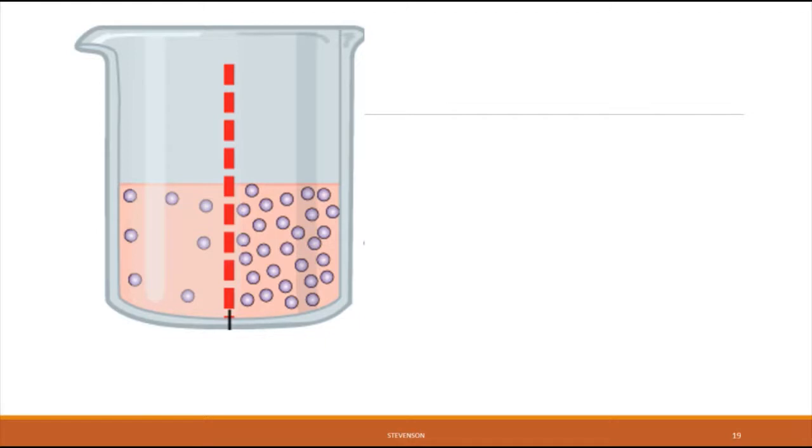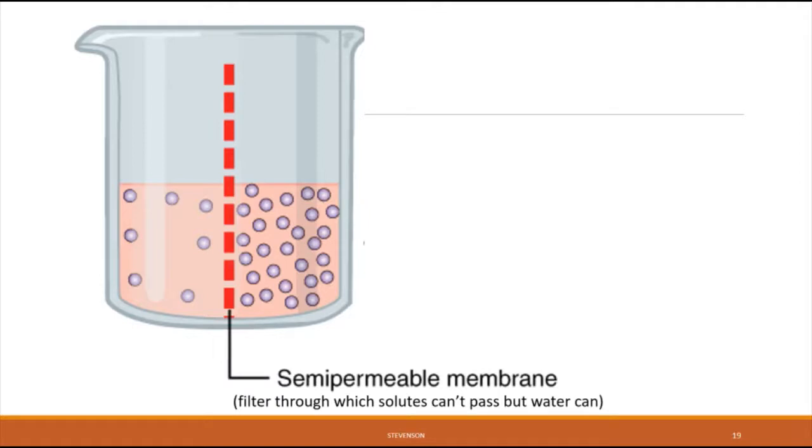We know that the tendency of the purple spheres, based upon diffusion, would be to move in this direction. They would want to move from the right-hand chamber to the left-hand chamber because they want to spread out. They want to maximize the distance between them. But we also know that they cannot do that. That membrane, that filter, is preventing the solutes from passing through.